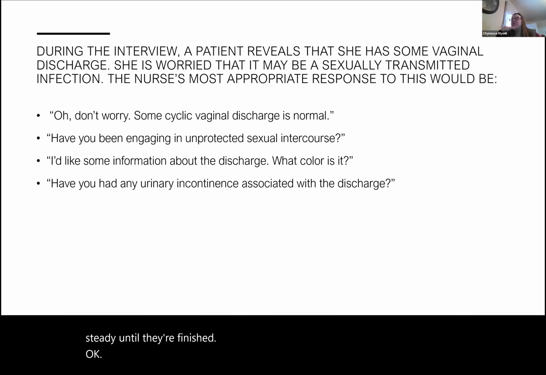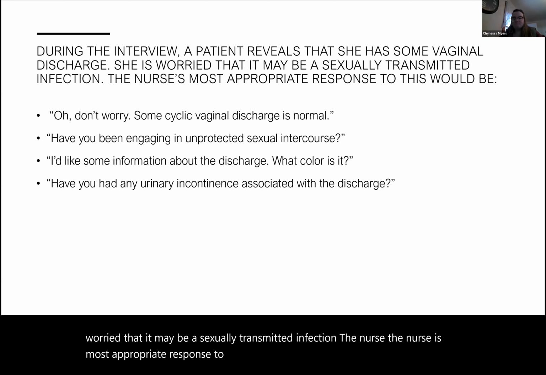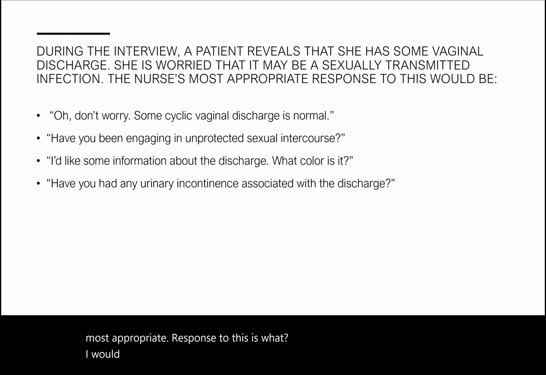During the interview, a patient reveals she has some vaginal discharge. She's worried that it may be a sexually transmitted infection. The nurse's most appropriate response to this is what? I would say C. Good. Why do you say C?